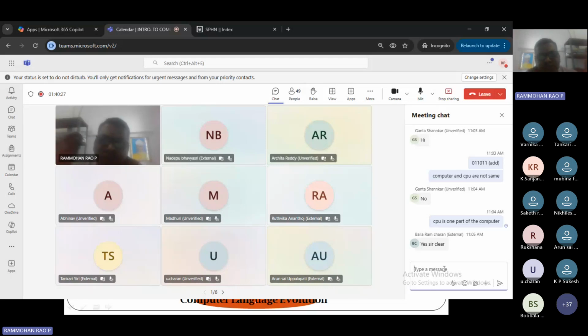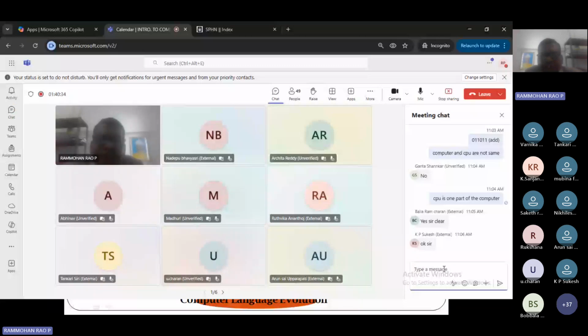So what is the question which we have framed today? How to interact with a computer using machine language? It is very, very difficult. That is clear. So what is the other method or what is the mechanism to interact with a computer? Machine language is not possible. Then what is the other option, right? How do we give instructions to a computer apart from machine language?